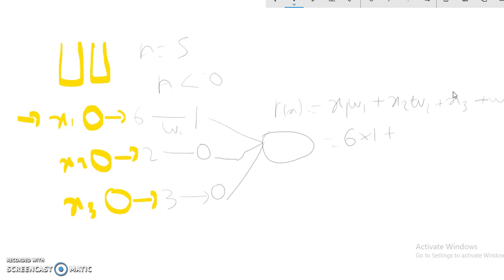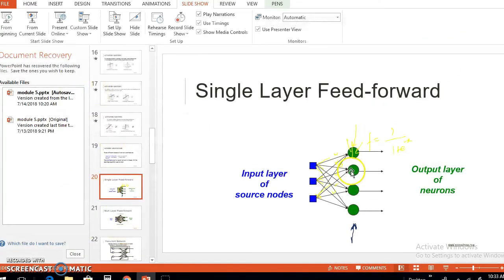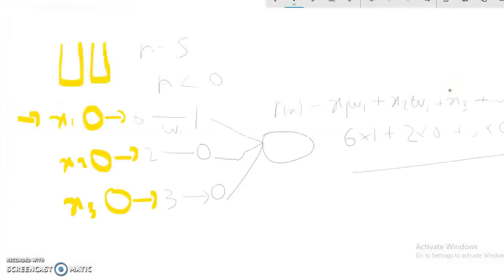So the negligible output here is 2 times 0 plus 3 times 0. So this is the total output we are having, and this output is 6. So the 6 is greater than this 5.